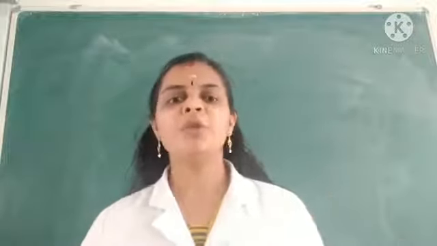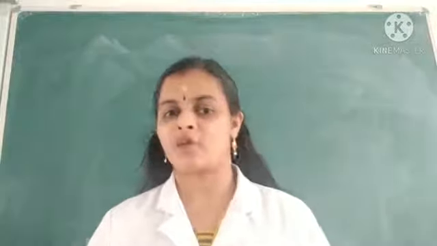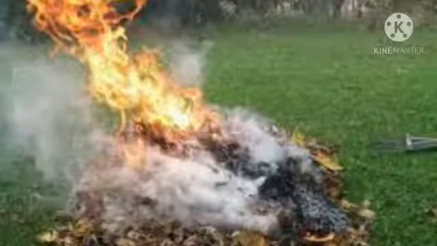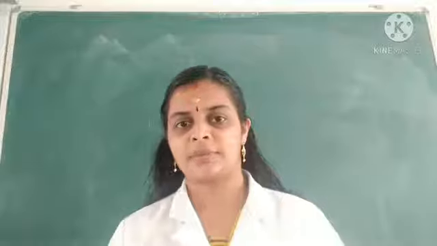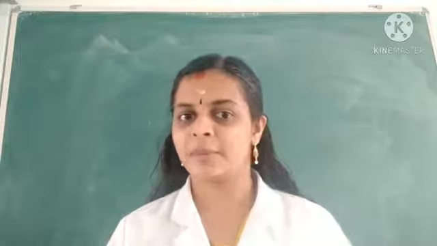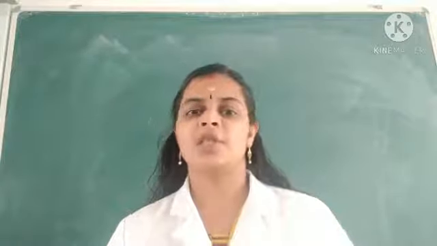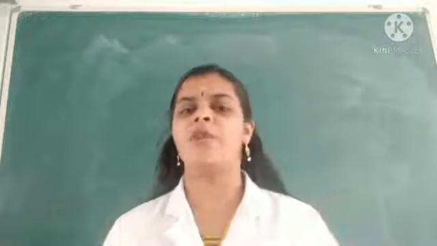Children, you might have seen in your surroundings fire spreading to the leaves of other plants from the burning of some waste material, isn't it? In such a situation, how do we control fire?